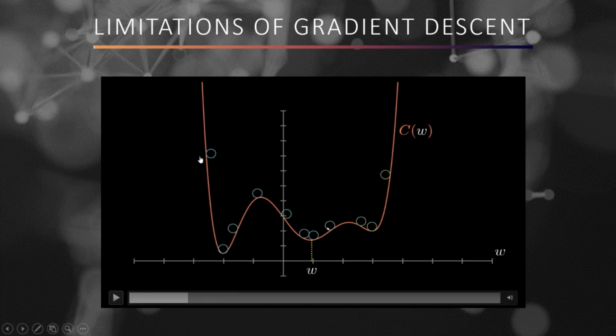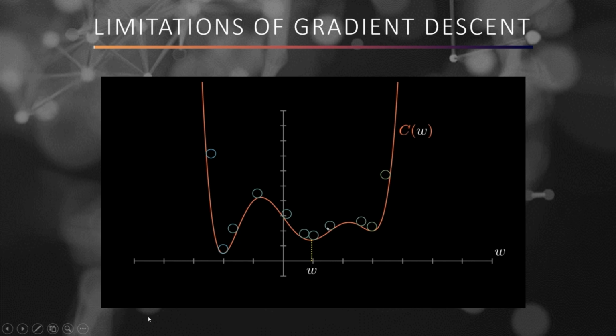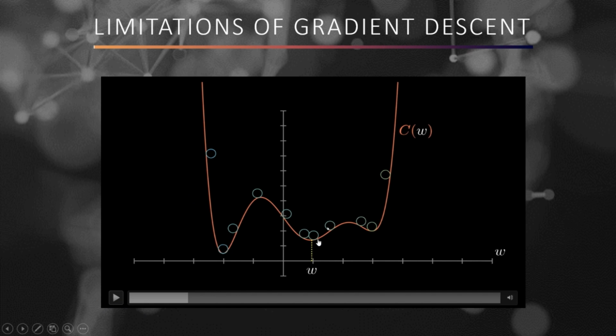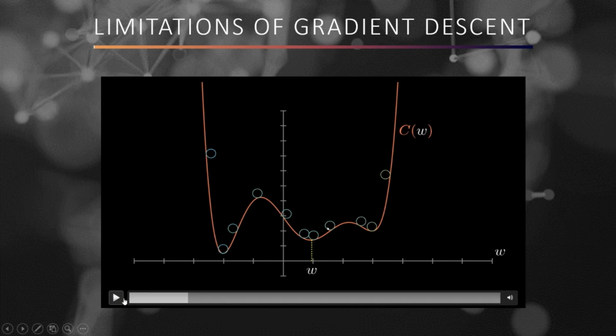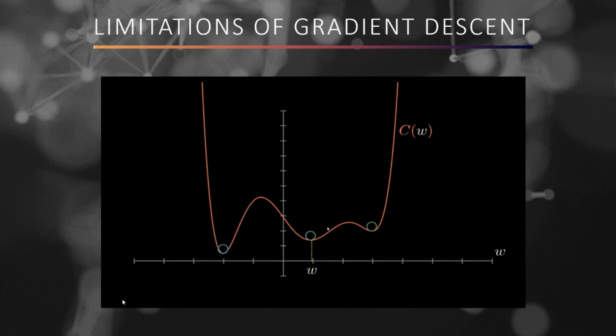If we initialize the value here, then it will converge to this minima, not this one. But if we initialize to this value, then the cost function will converge to this minima, not this minima. So each time there is a potential risk of getting different minima if we initialize a random value at a random position on the cost function like this.